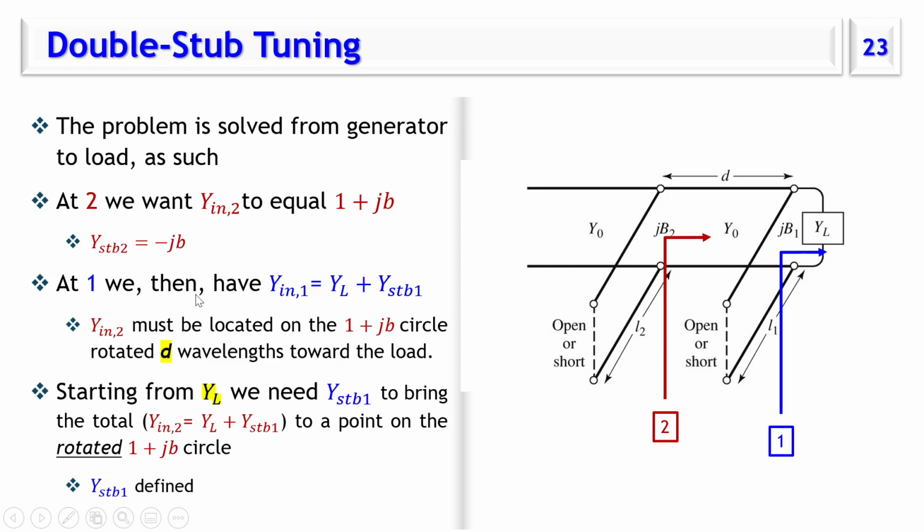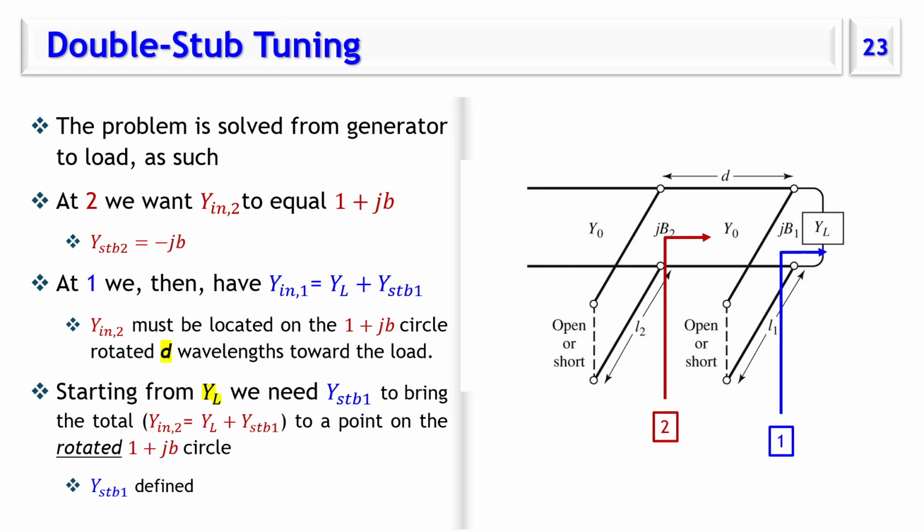We're going to take this circle and rotate it by moving towards the load. So we're going to move counterclockwise. We are taking the locus of this point, 1 plus jB, and moving it a certain distance d.